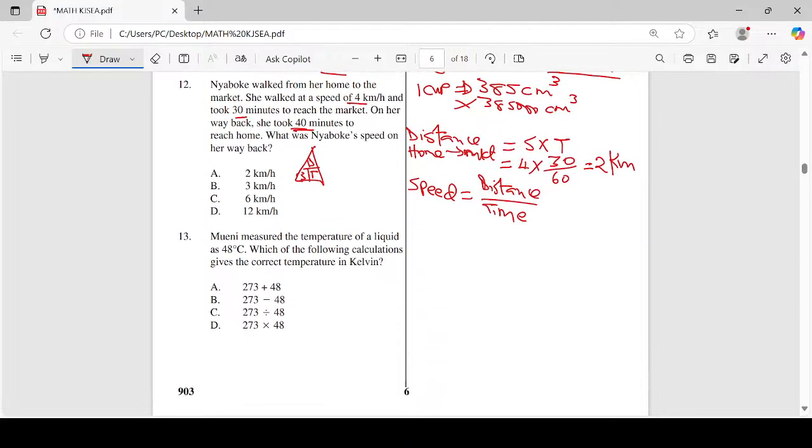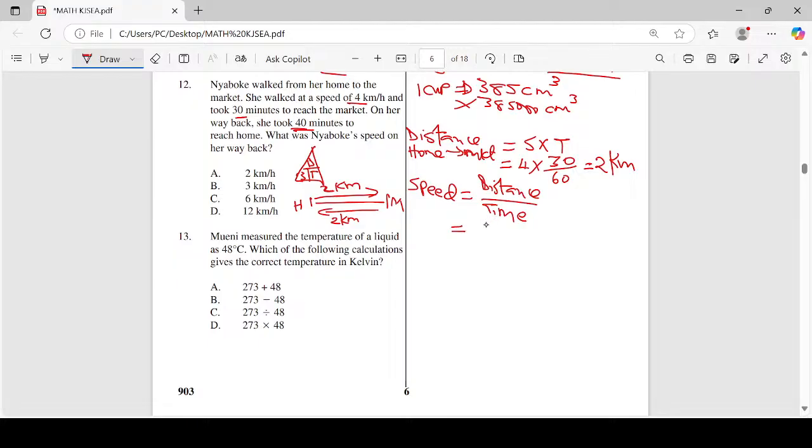If this is home and this is the market, moving from home to market, someone covers a distance of 2 kilometers, it also means moving back from market to home, you must cover 2 kilometers. The distance remains the same.